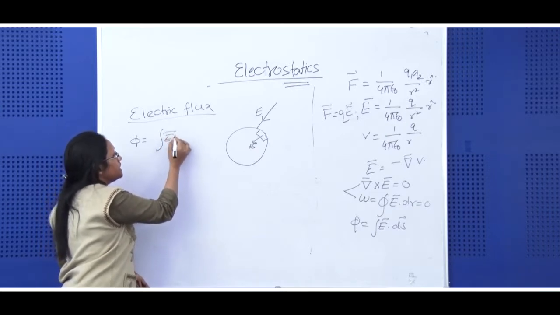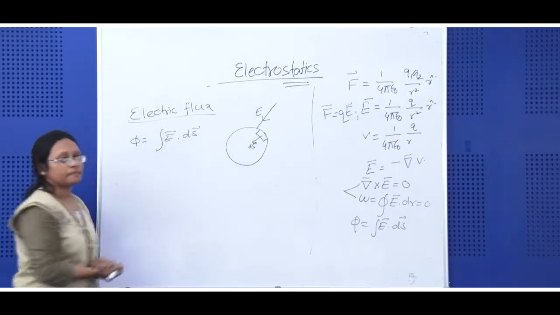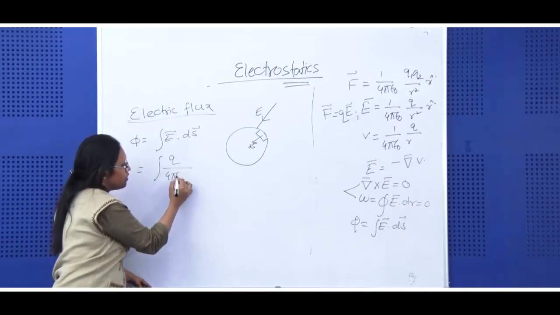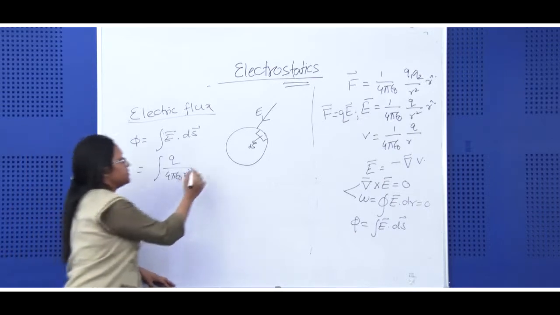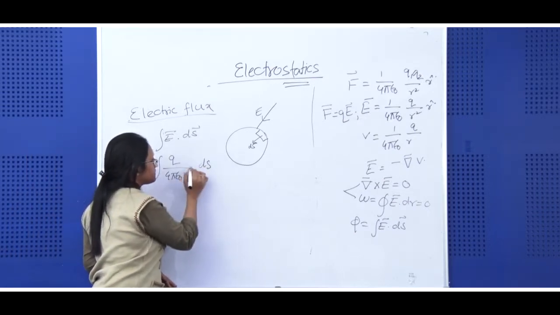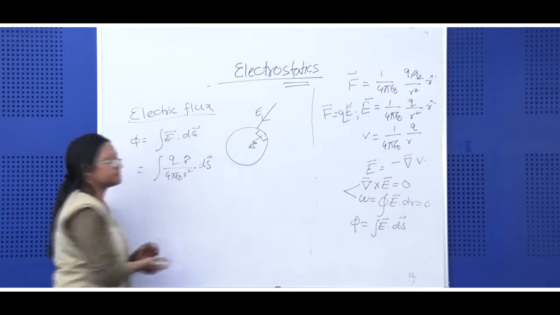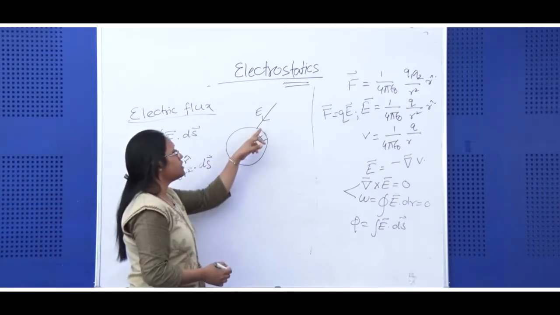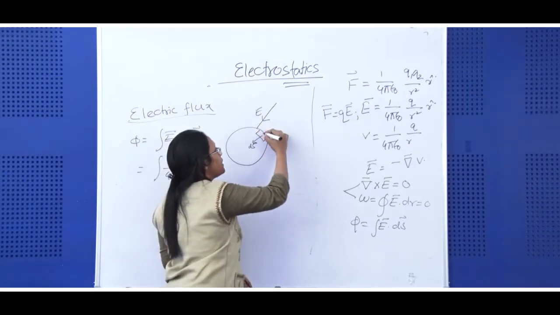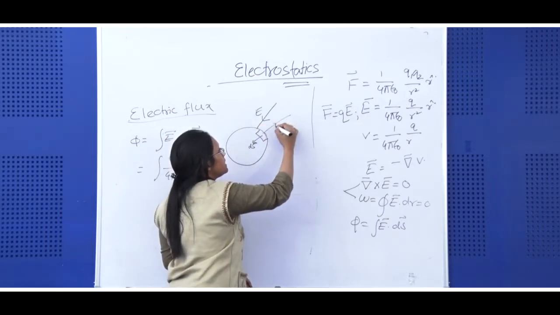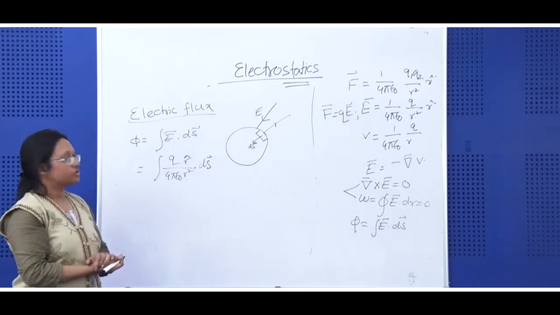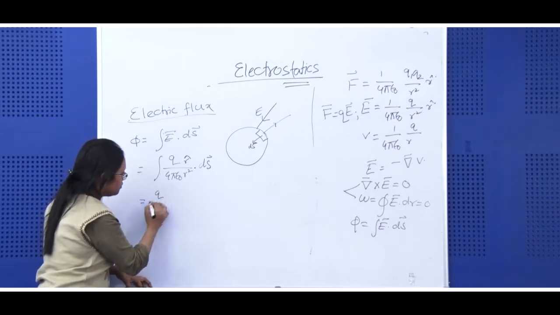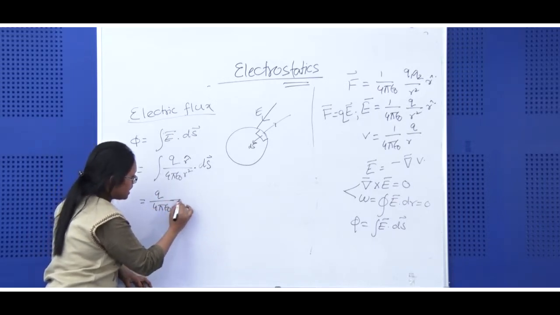Phi is equal to E dot dS, that is equal to Q by 4 pi epsilon naught r square, r cap, into dS. This is the value of E, this is dS. Now see, the direction of dS and the normal component of the electric field are in the same direction, so cos 0 is 1. So we will get Q by 4 pi epsilon naught r square.